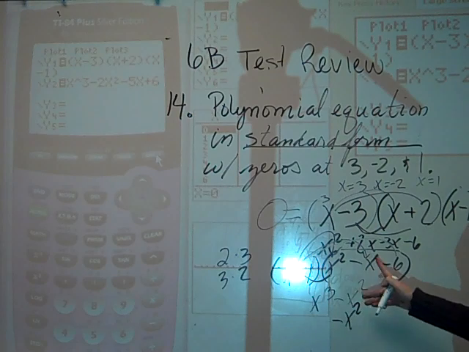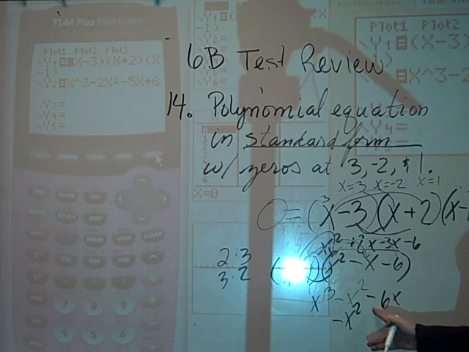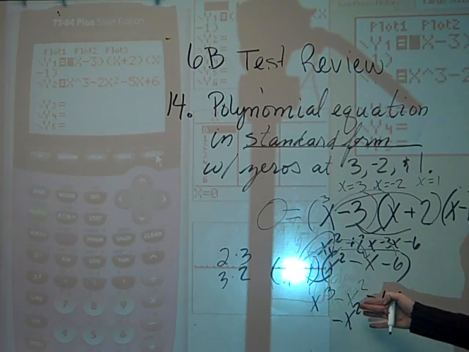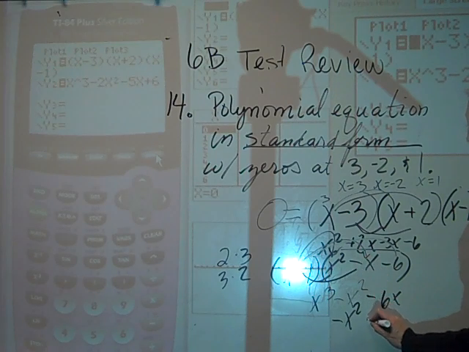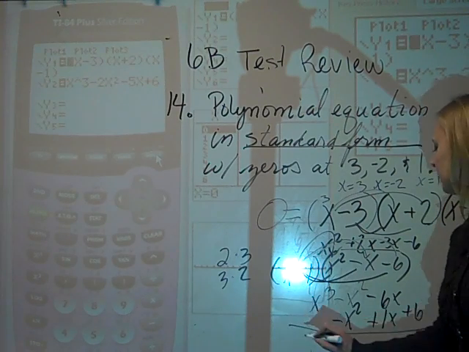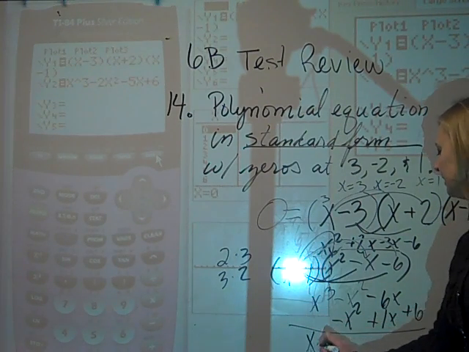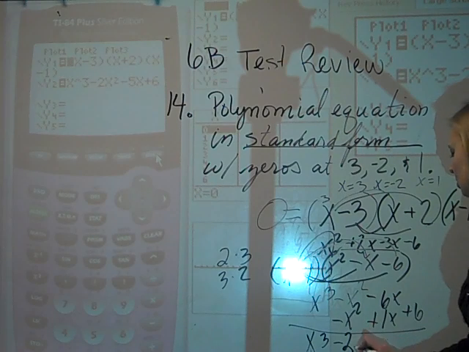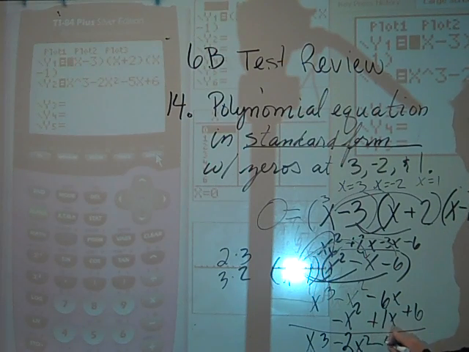Notice I'm lining up my x squareds together because I already know I have to combine them. It just makes it easier to find. Plus 1x plus 6. I combine to get x cubed minus 2x squared minus 5x plus 6 for my standard form.